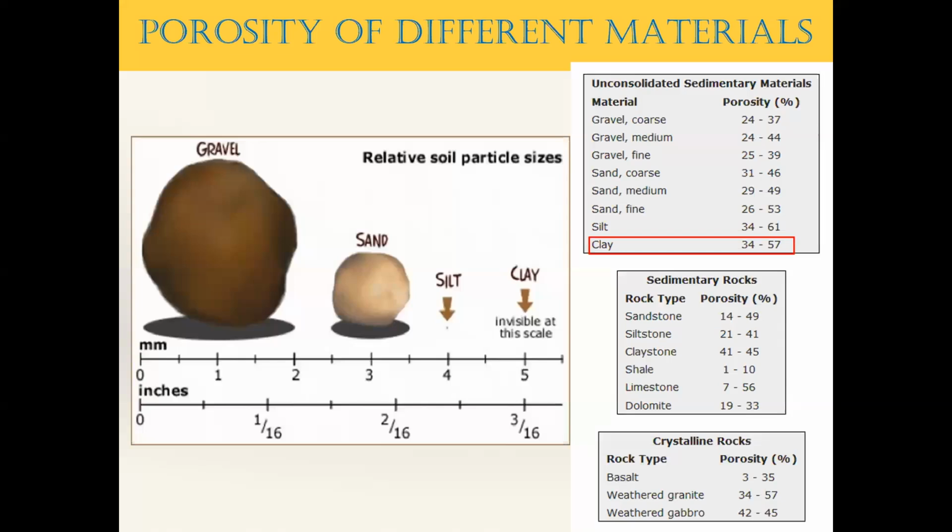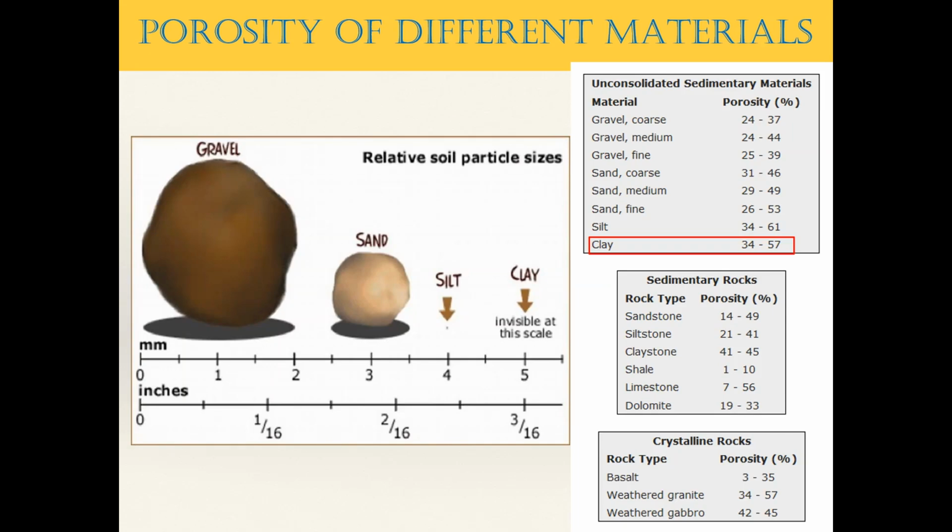But why is it considered an aquitard? The reason is it cannot transmit water. What is the reason? Now you understand, when the particle size is smaller, we are talking about very small size, but when you consider the entire formation, the surface area of the particles can be quite large.